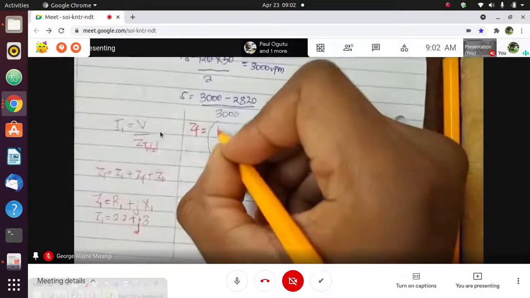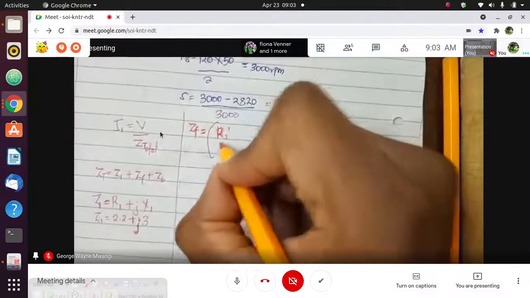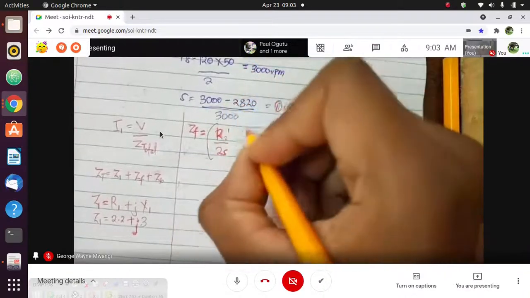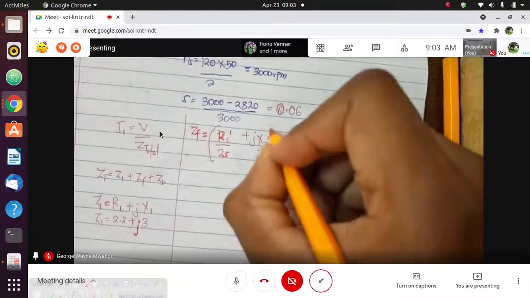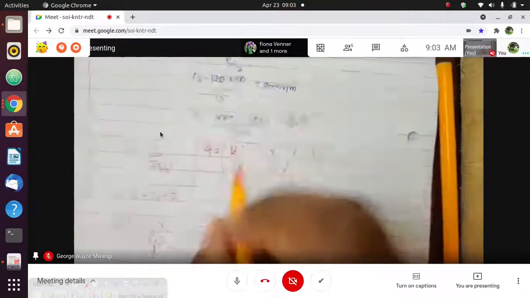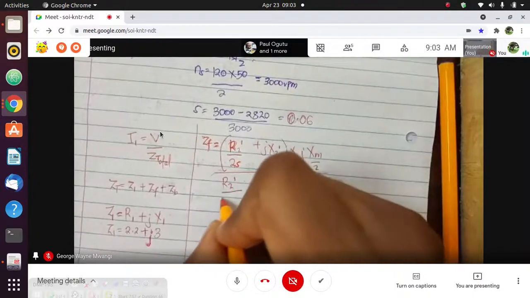Remember that ZF, the impedance due to the forward revolving field, is given by the resistance plus the rotor reactance times the magnetizing reactance divided by the sum. Now we are trying to find the total resistance.